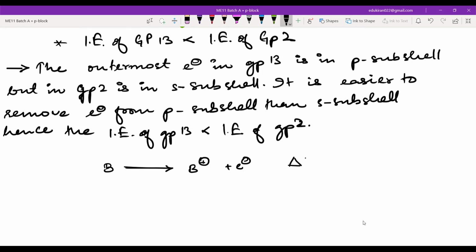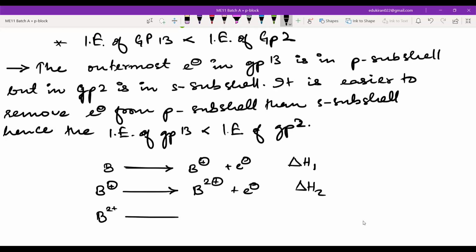This will be delta H1, ionization enthalpy 1. Then if I remove one more electron from B+, it will be B2+ plus an electron. This let us call delta H2. Then I will remove one more electron from B2+. This will be B3+ plus an electron. Let us call this delta H3.